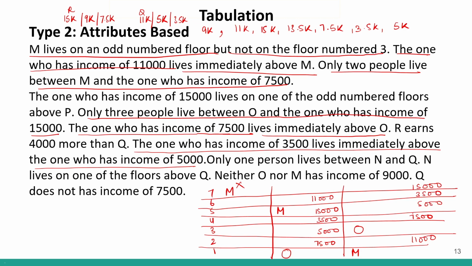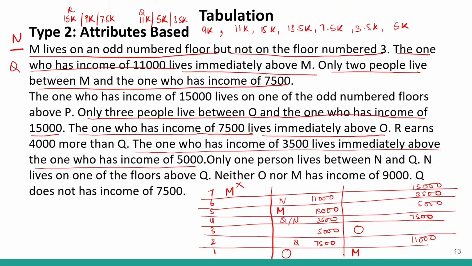Clear? Now, only one person lives between N and Q. N lives on one of the floors above Q. So N, then one floor, and then Q. If I look over here, N cannot come here, N can come here and Q can come here. Or N can come here, Q can come here.